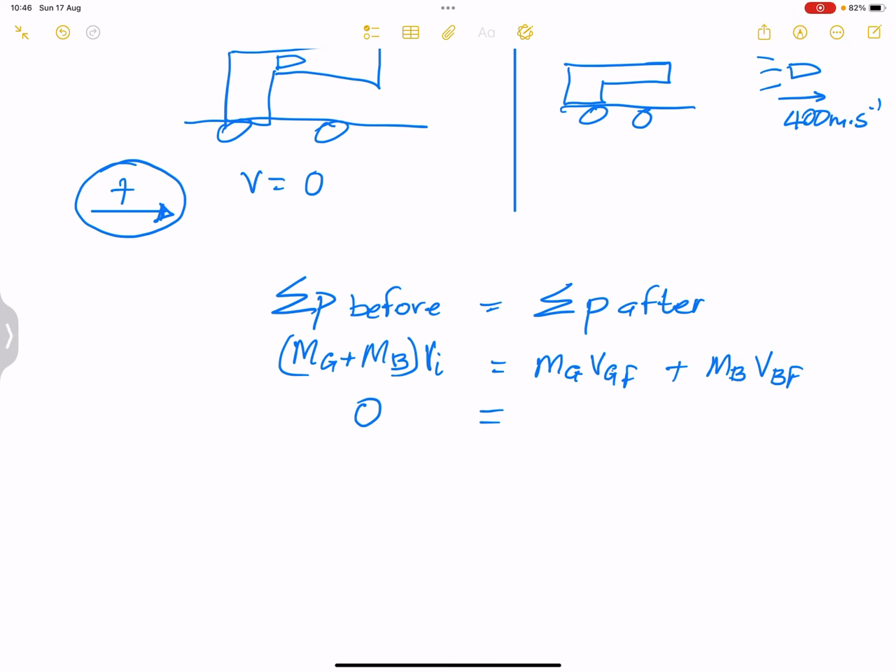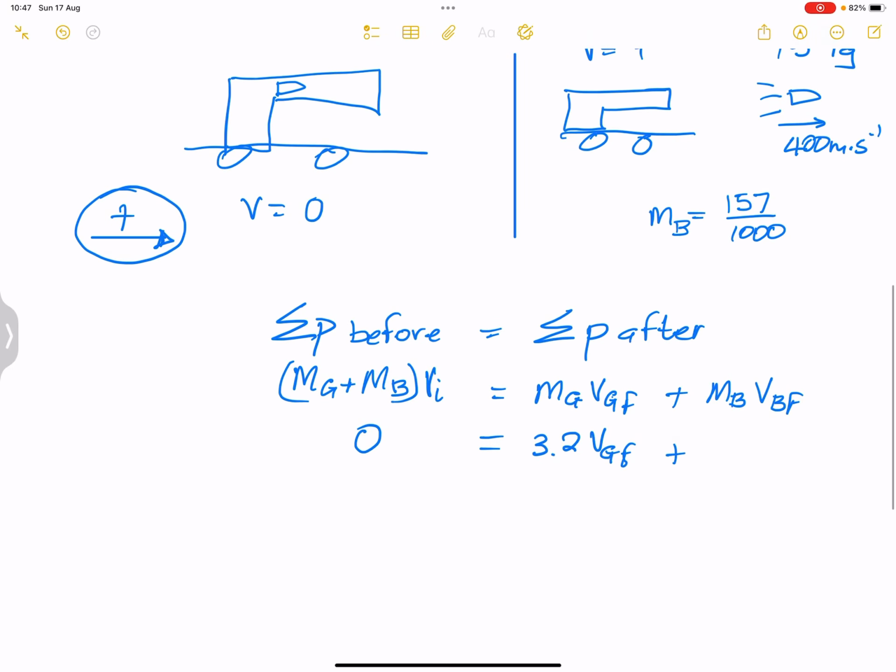Now, in this case, I'm just simply going to say, well, this is going to be 0. Now, the mass of the gun as well as the trolley, they said to us this is 3.2, multiplied by the velocity. That's what we're looking for, the velocity of the gun, the final velocity. Then the bullet. Now, remember I said to you, we need to convert this. So the mass of the bullet is 157 divided by 1,000. We are converting from grams to kilograms.